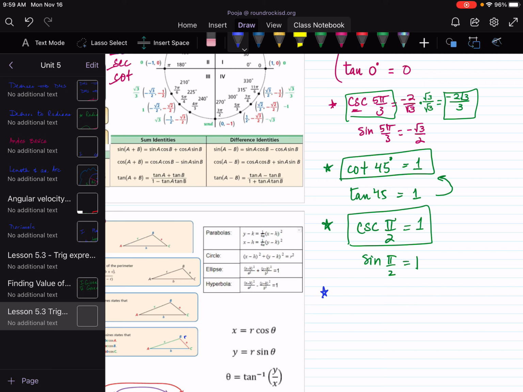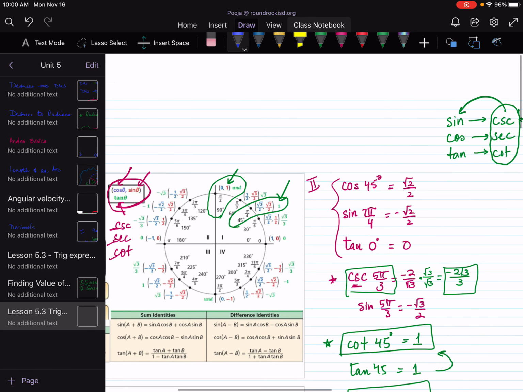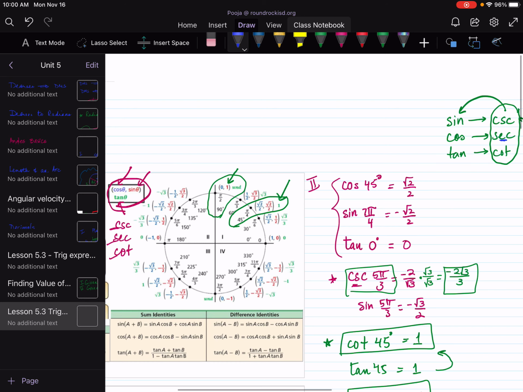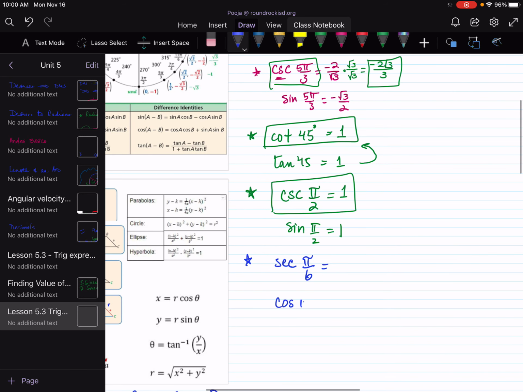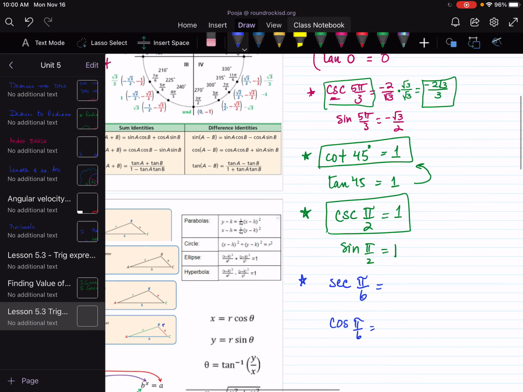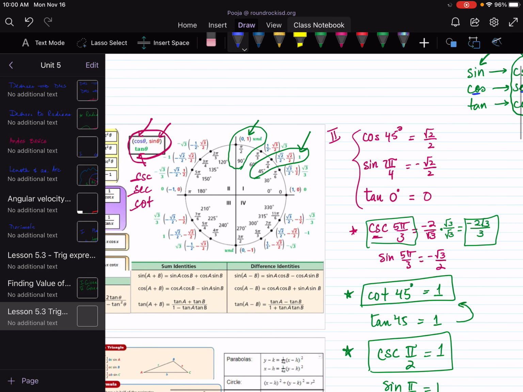Okay, another example. Secant of pi over 6. And again, secant belongs to one of these. The secant is not on here. I have to first find cosine. So I'll first find cosine of pi over 6. Let's go ahead and find pi over 6, which is this bubble, because pi over 6 is right there.